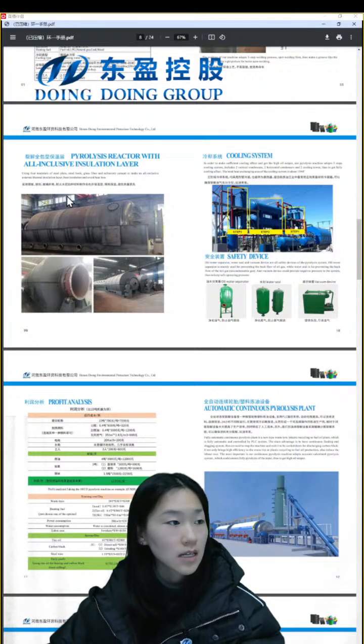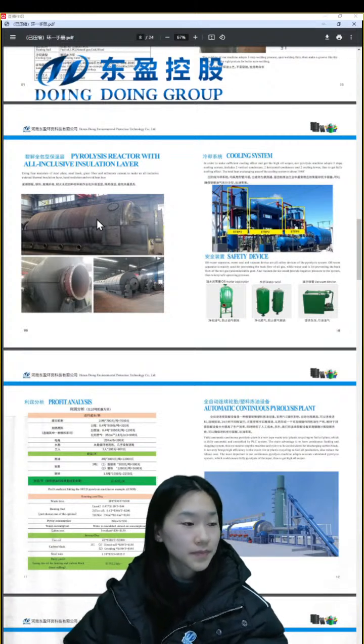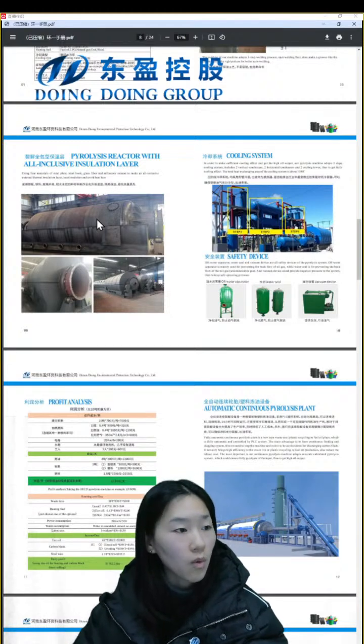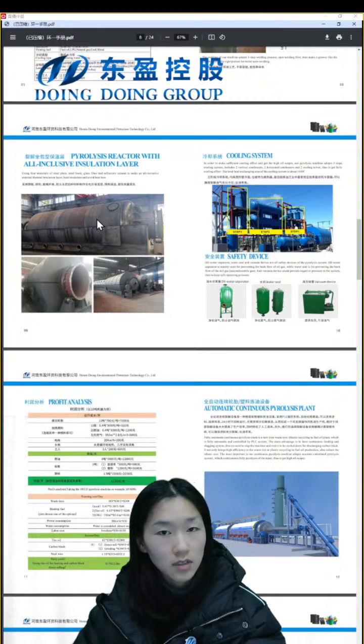And next, let's see the pyrolysis reactor with the all-inclusive insulation cover. You can see our insulation cover. The service life of our insulation cover is longer than the reactor itself.